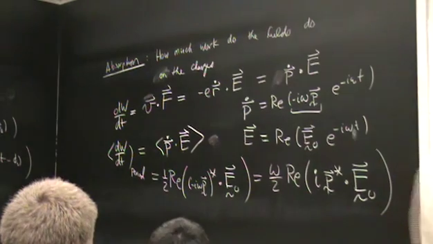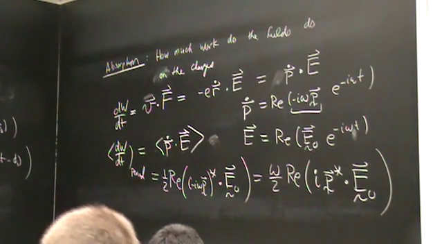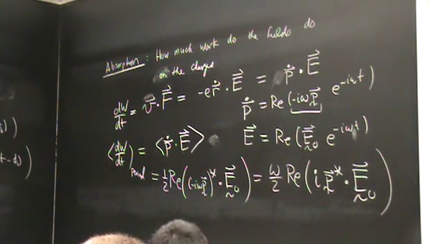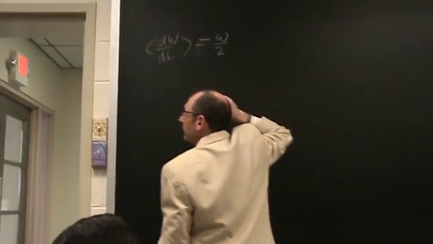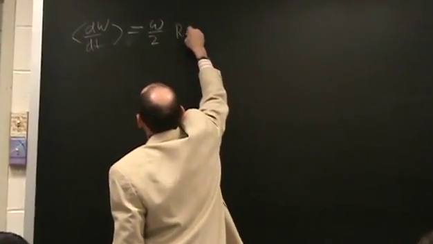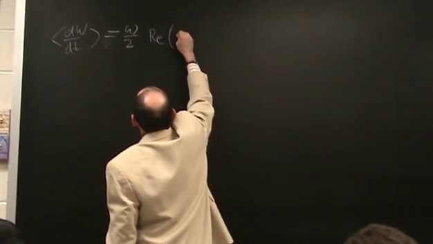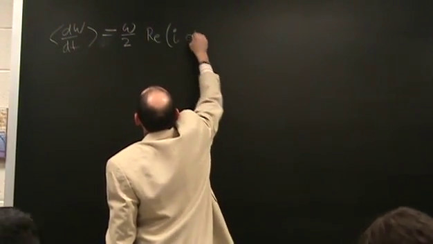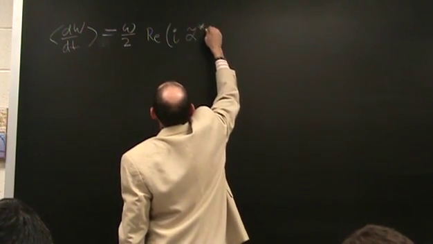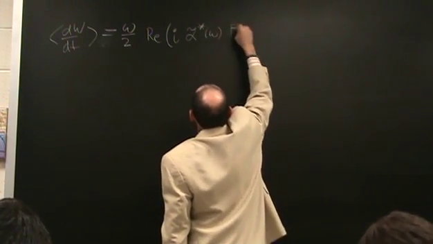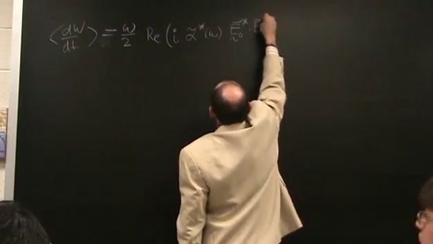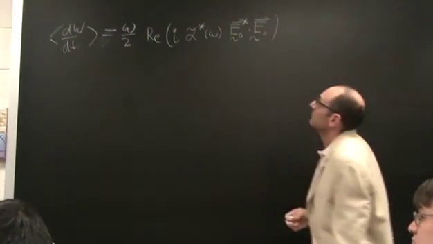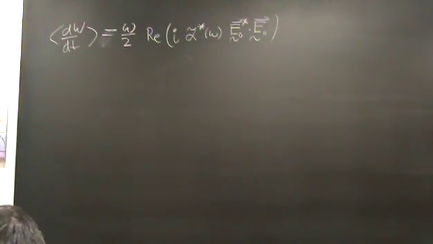So, what we find then is that the time average rate at which work is done on the charges is equal to omega over 2 times the real part of i alpha star, plugging in P with alpha E.